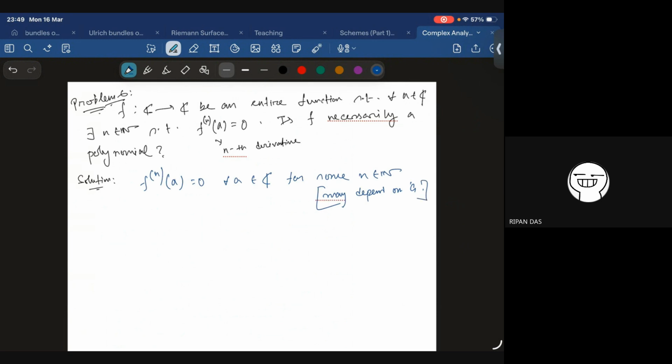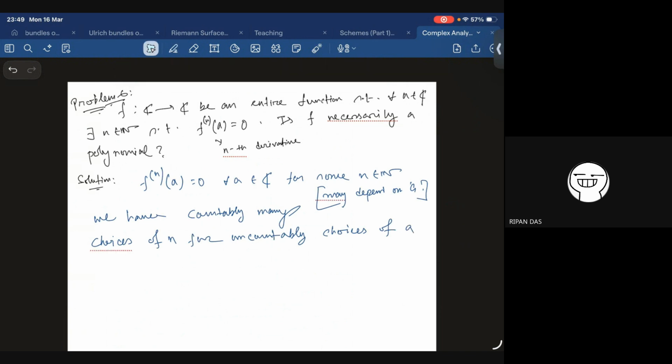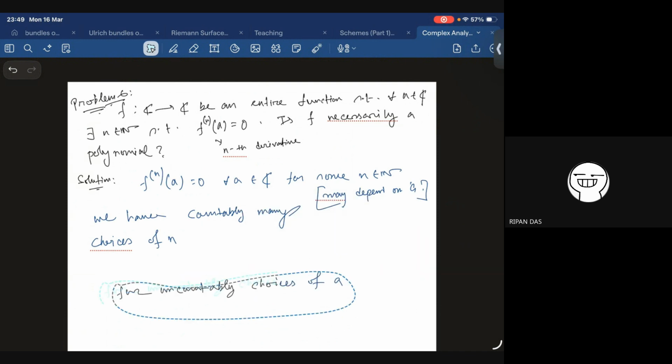So you see, we have countably many choices of n for uncountably many choices of a.